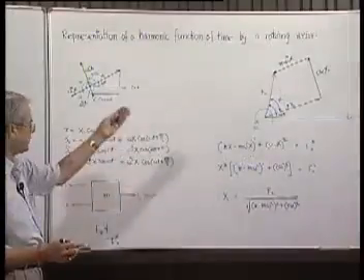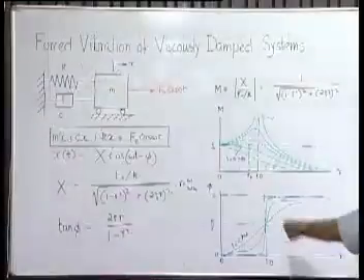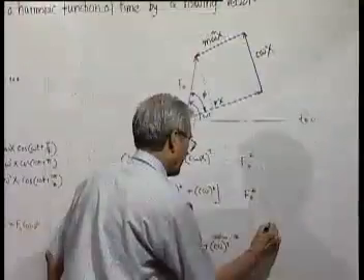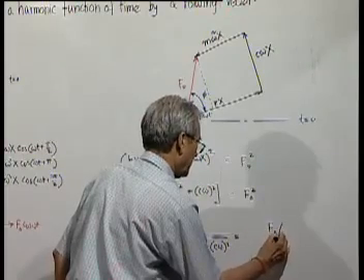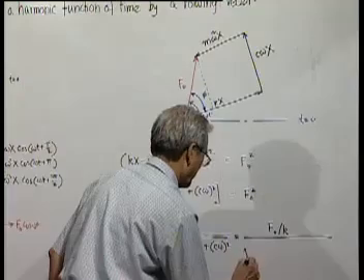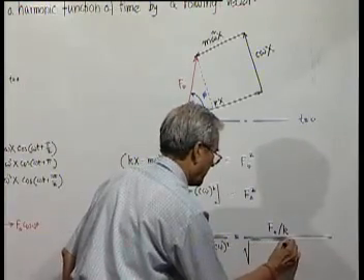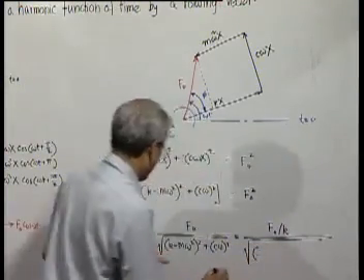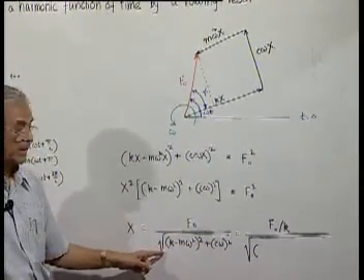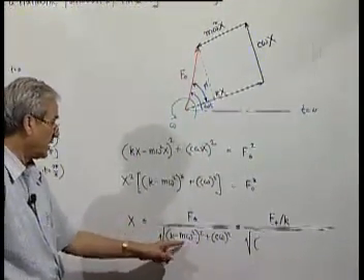Now, if we divide both the numerator and the denominator by k, we get, now here if we divide this by k, when it goes inside this it becomes k square, again when it goes inside this it becomes k.